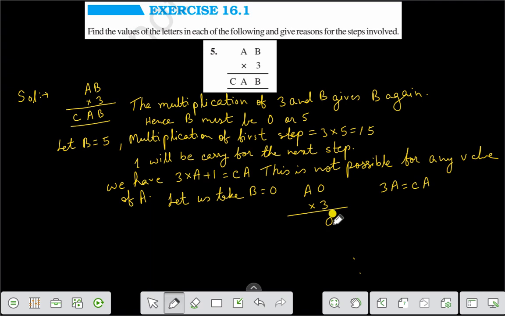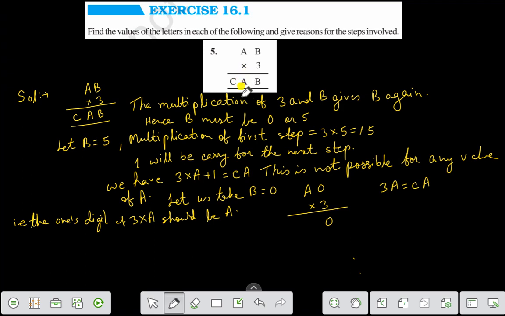That is, the ones digit of 3 into A should be A, because here it is A.